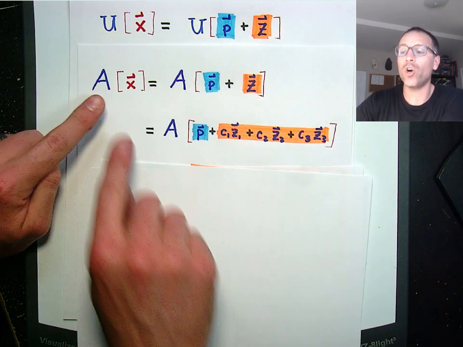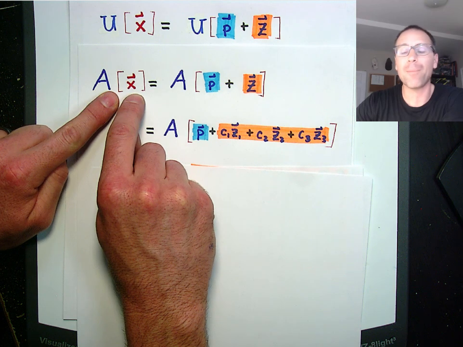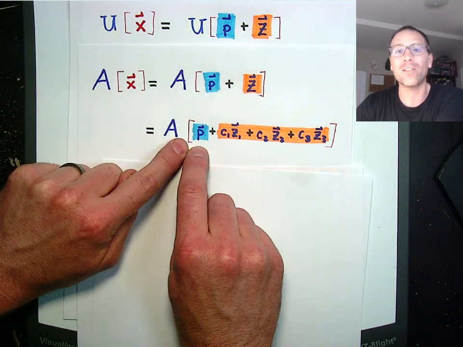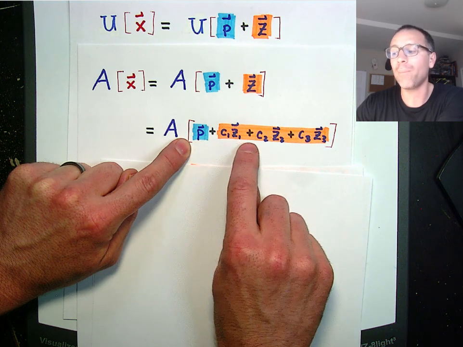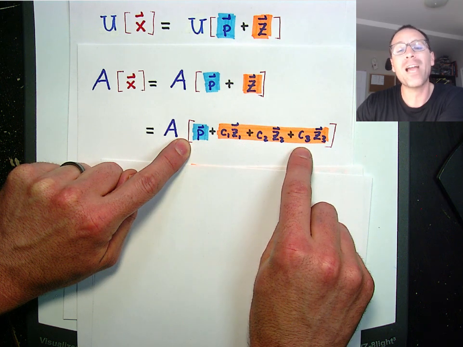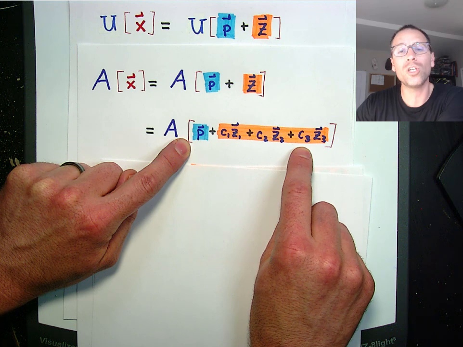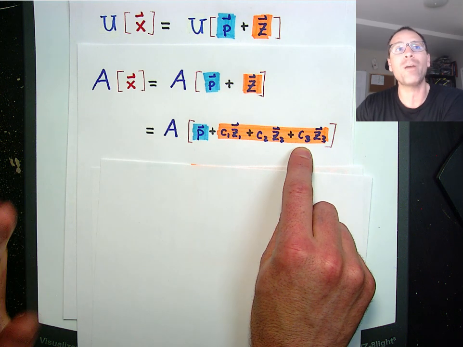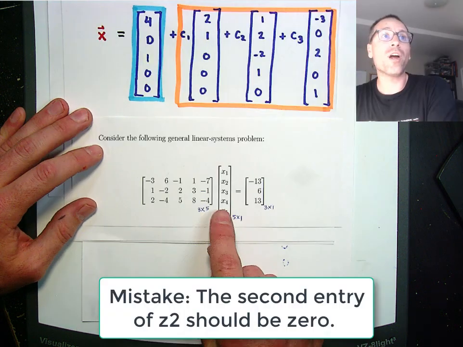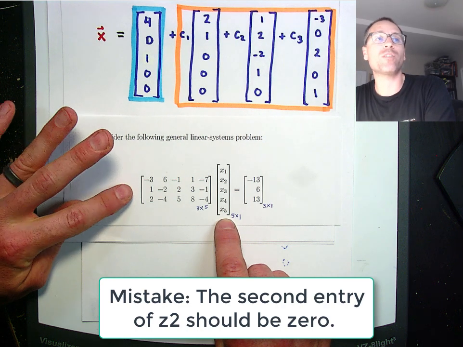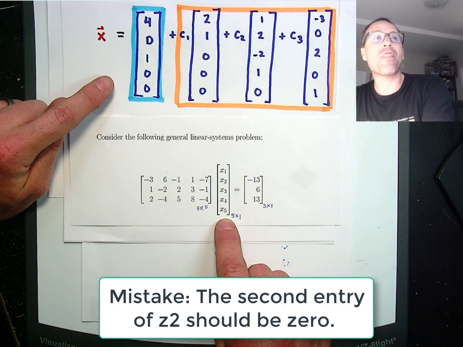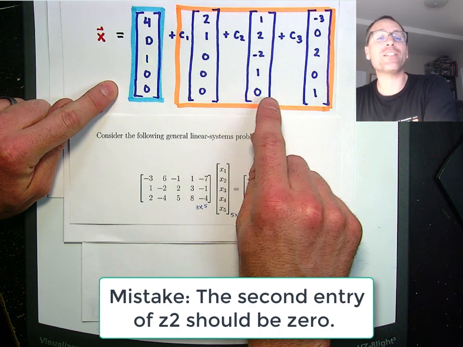Specifically, if I want to know the complete solution set, I'm going to write every vector in the solution as a particular solution plus a linear combination of the special trivial solutions that came from looking at the non-pivot columns of my matrix. Or in other words, if I want to know every single possible vector that solves this problem, I can write that entire set in this form.